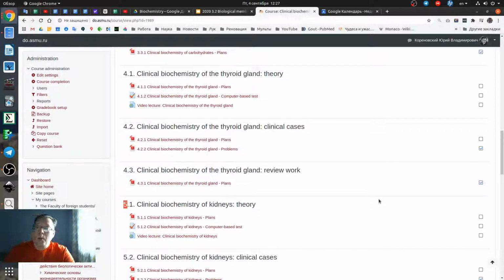So here we will learn different diseases and the use of biochemical tests for recognizing patients with an appropriate disease, for diagnostics, because clinical biochemistry, or clinical chemistry, is a part of laboratory diagnostics which uses biochemical methods. Laboratory diagnostics is a very big science which uses different types of methods, and one of these methods is the biochemical method.